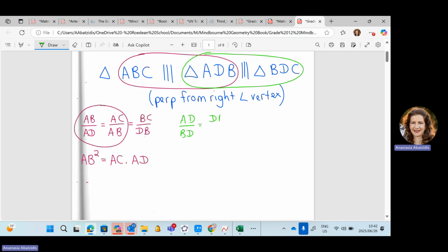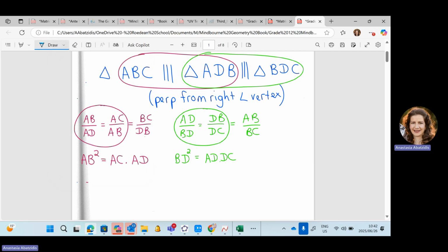DB over DC equals AB over BC. Okay, I want you to focus on these two, Paige, cross multiply. And you see what I'm trying to get to? I'm trying to get the squares.